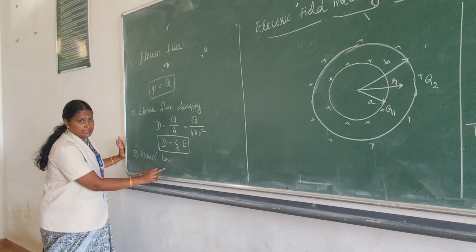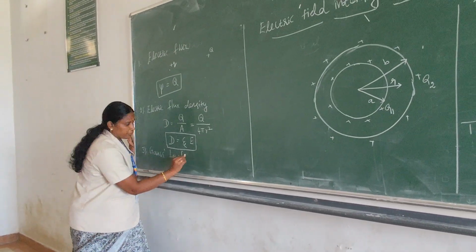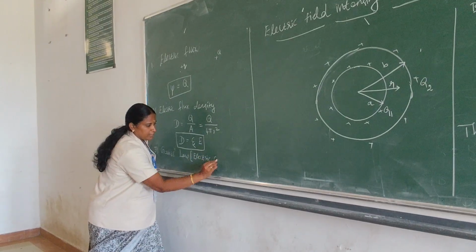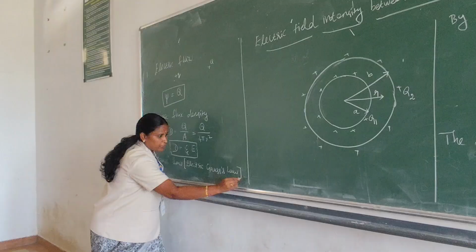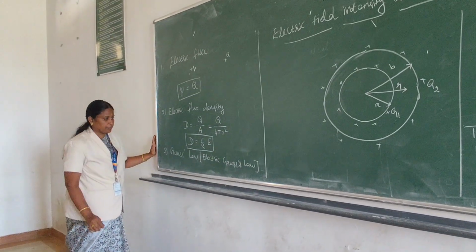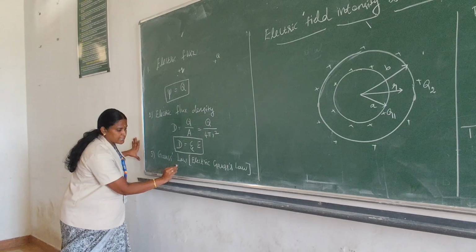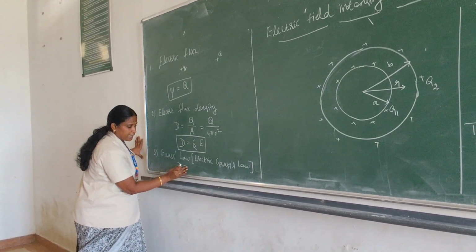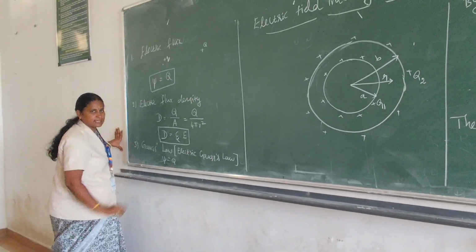So next is Gauss law. Here we are studying the electrostatic field, so we can also call it electric Gauss law. The statement of electric Gauss law is that in any closed surface, the electric flux will be equal to the charge enclosed by the surface.